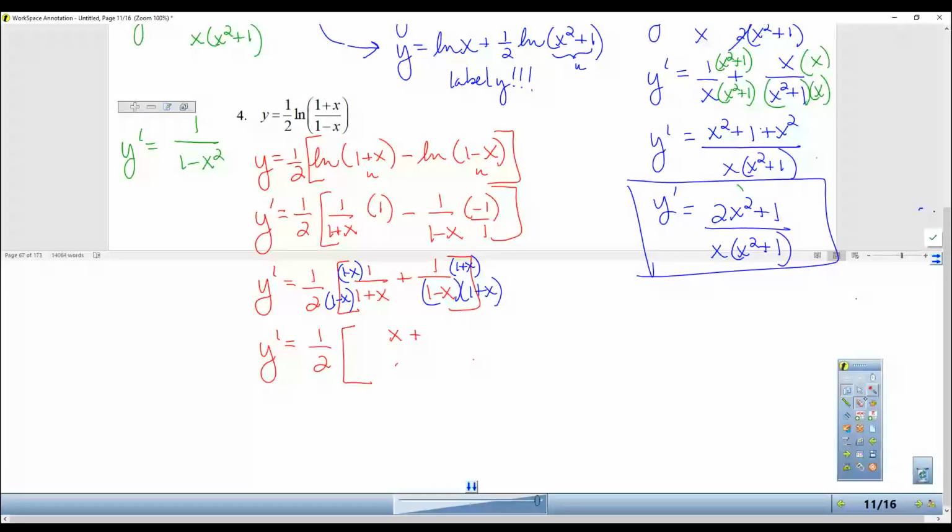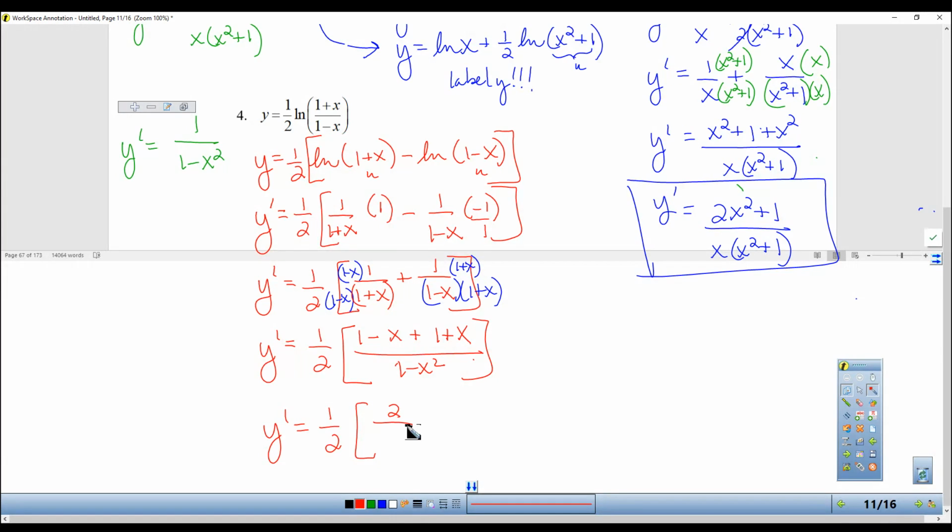Just wrote it too close together. 1 minus x plus 1 plus x over, and if you FOIL that out, you'll get 1 minus x squared. Y prime is equal to, this numerator just becomes 2 over 1 minus x squared, which is how they ended up with something so nice and tidy for an answer.